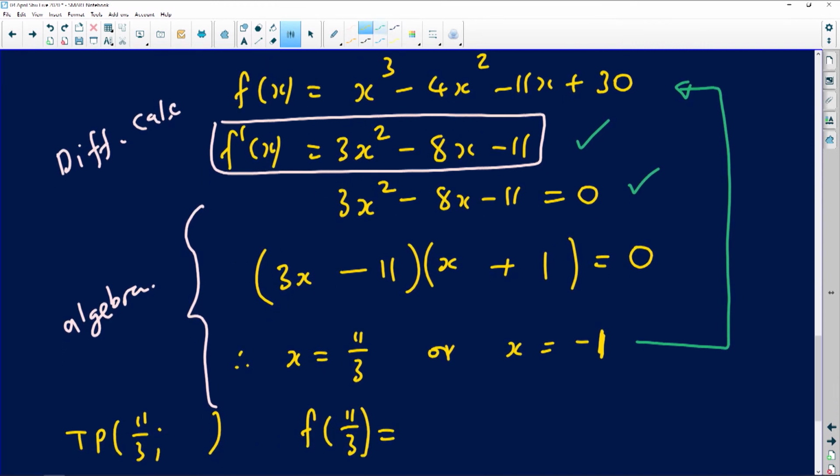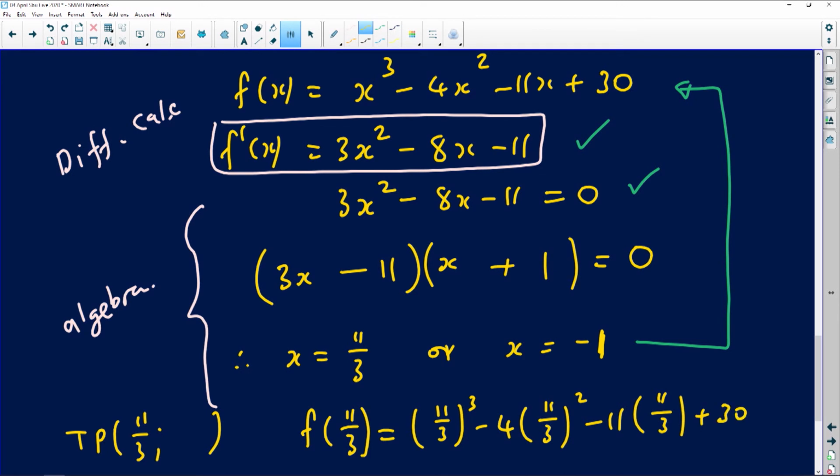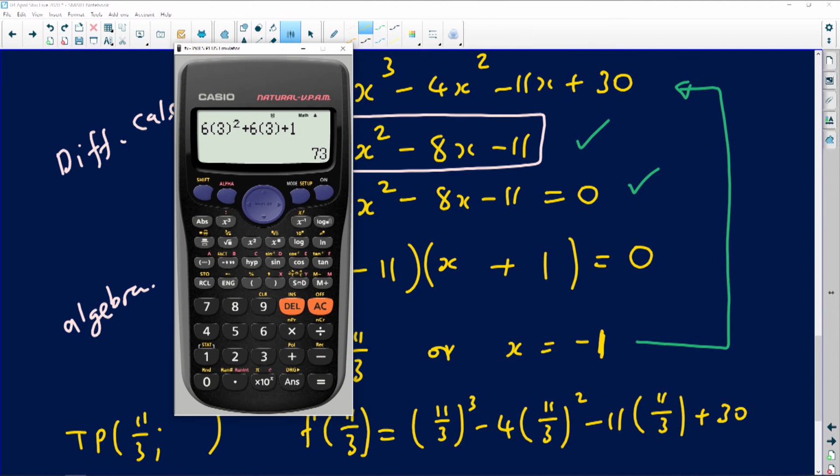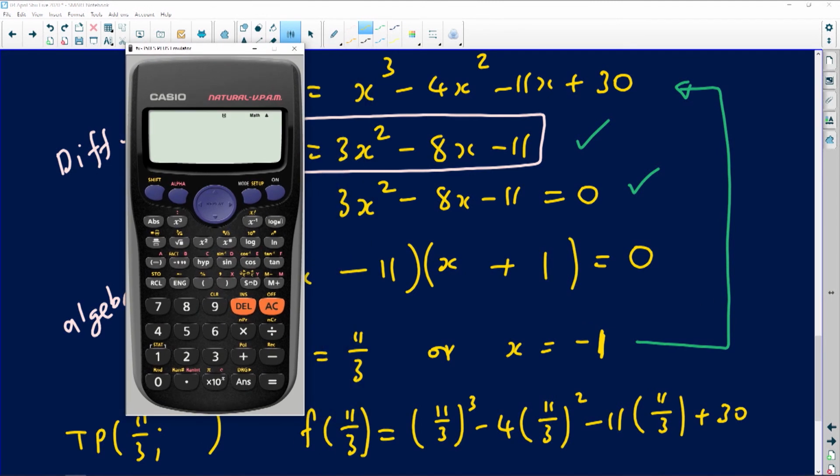So you're going to substitute that 11 over 3 cubed minus 4 into 11 over 3 squared minus 11 into 11 over 3 plus 30. And then you go to your machine, which I call the calculator. Remember, a calculator is an instrument and not a monument. You guys need to use it. So my x is 11 over 3. Okay, cool. This needs to be cubed.